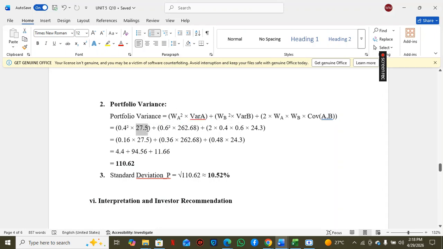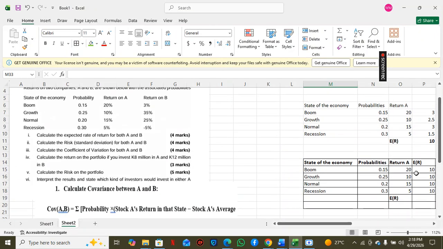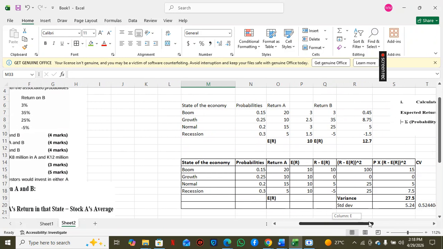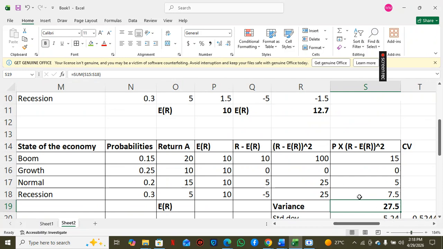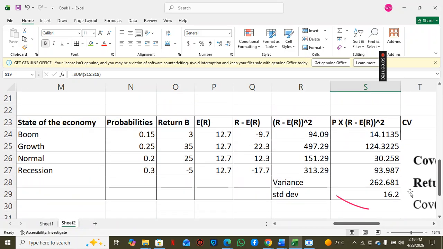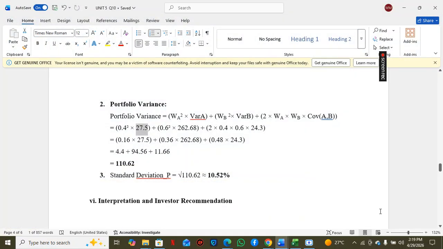The variance of company A, if you remember when we were calculating the standard deviation, was 27.5 here. This was the variance for A. And for company B, the variance was 262.68.